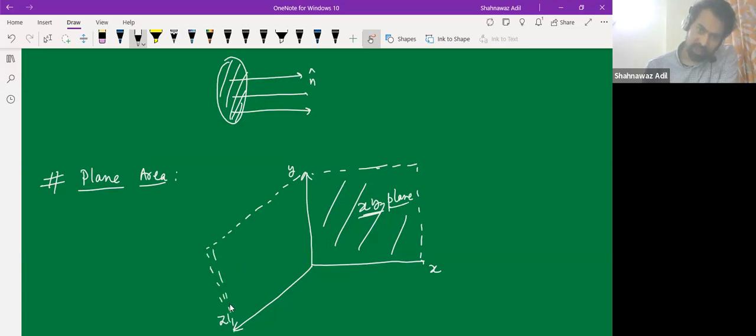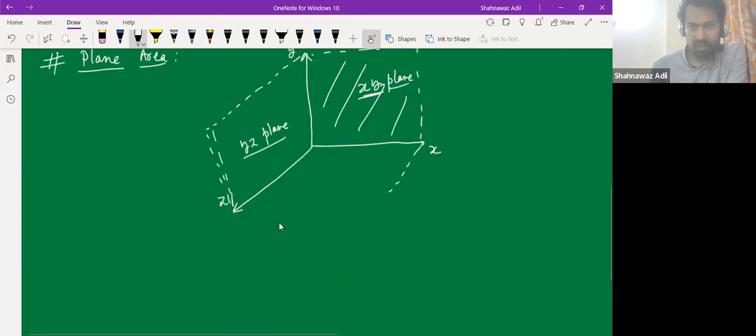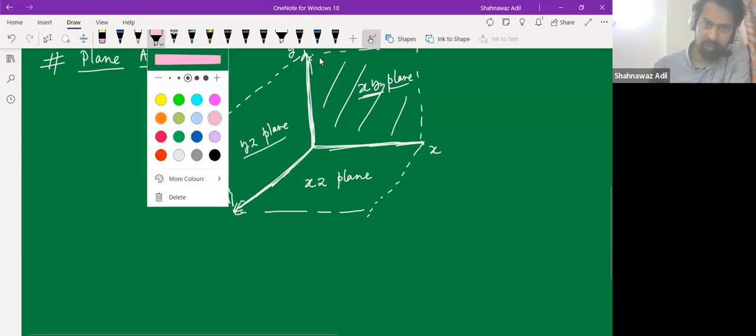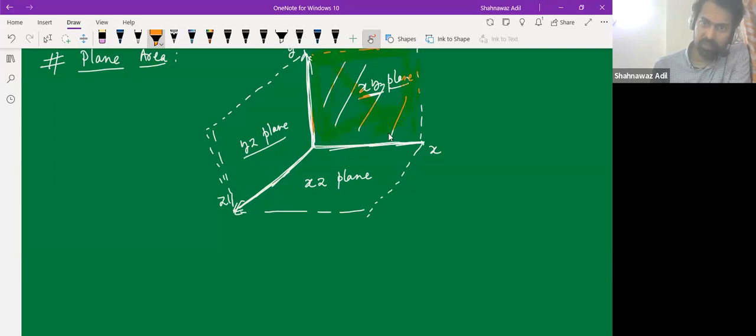This is YZ plane, and this one is X, Z. One plane is this one, the other plane is this one.